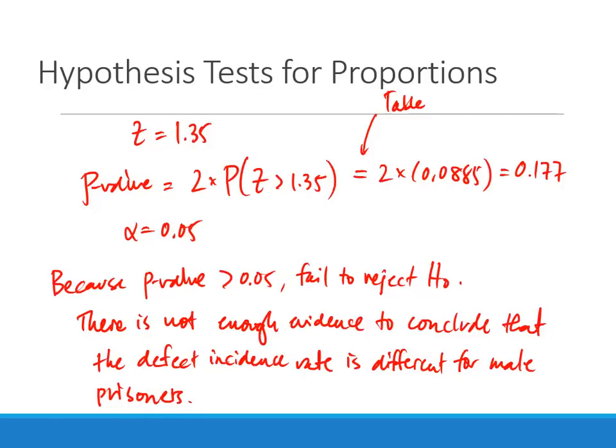Failing to reject the null hypothesis means we do not have enough evidence to conclude what our original question was. The original question was, is the incidence rate different for male prisoners? And here we can't say that. There's not enough evidence to conclude that, based on the information we collected anyway.